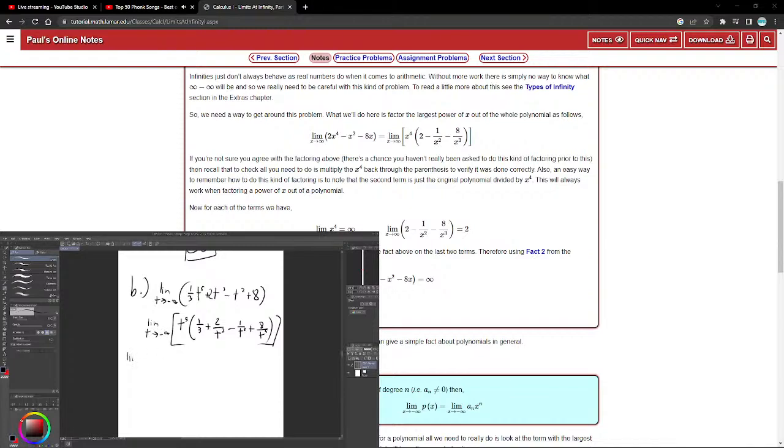Okay, so we got the limit of t to the power of 5 as t approaches negative infinity equals negative, or wait. Okay, it's an odd exponent. So yeah, it would still be negative infinity.